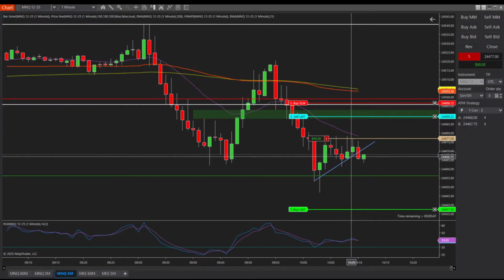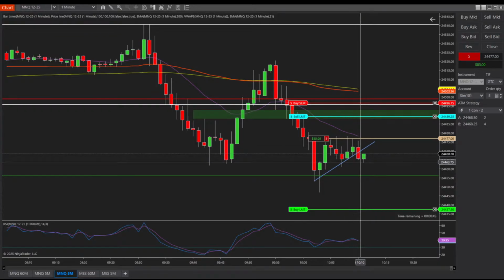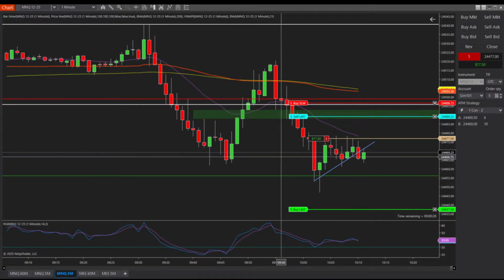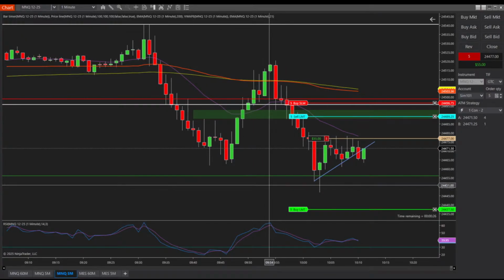We're breaking this flag here. Now we just watch and wait.